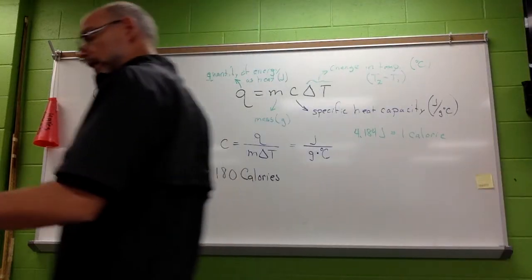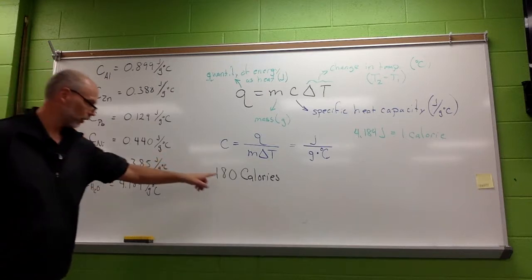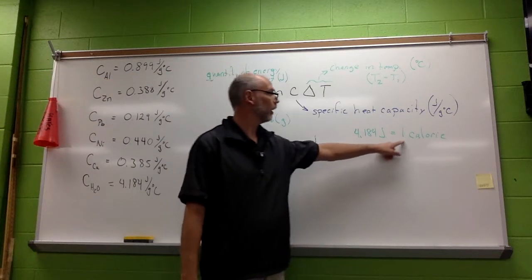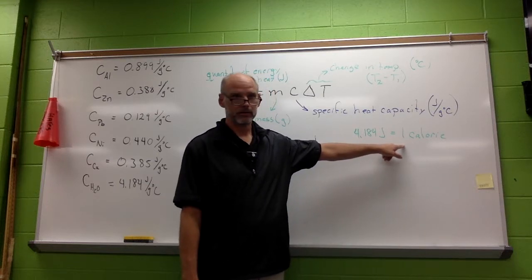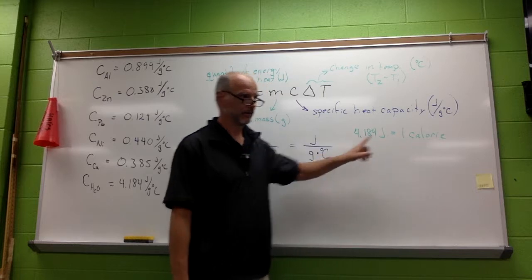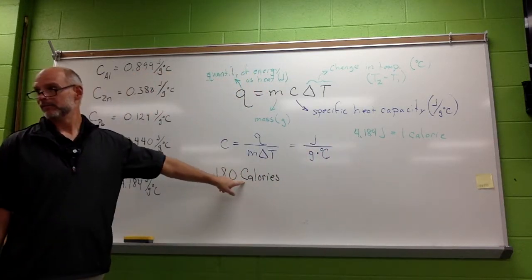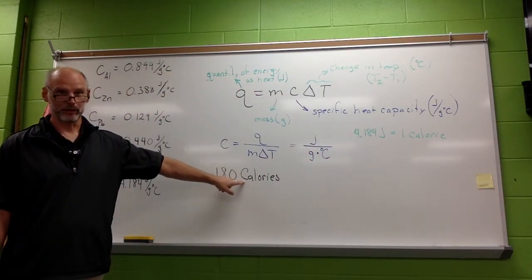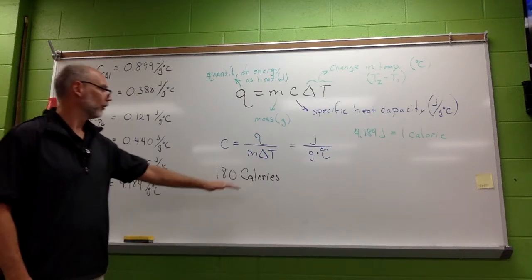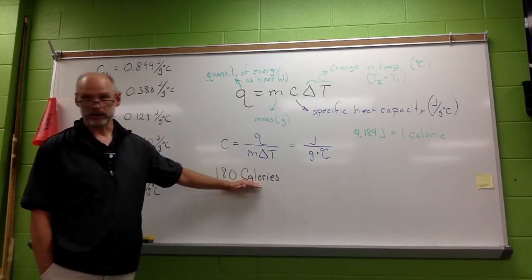Okay. One other thing I want you to notice. Notice what I wrote here. And notice what I wrote here. Lowercase c. Capital C. What's the difference? This is actually a kilocalorie.